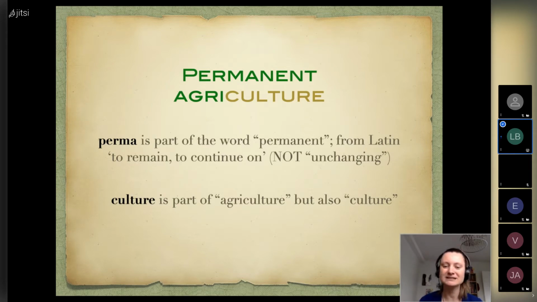It doesn't refer to something that is static or unchanging. And that's a common misconception when people first hear that permaculture includes the word permanent. It doesn't mean something that you just install and then leave, and then it just stays in its state forever. That's not possible. It just means something that's essentially sustainable in perpetuity. And as I mentioned, culture is part of agriculture, but also broader human culture.